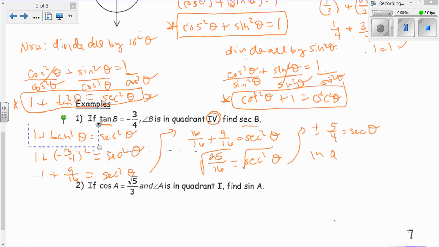So in quadrant 4, secant theta is positive, therefore the secant of B is equal to 5/4.